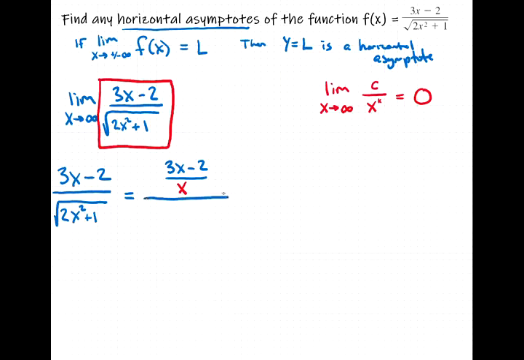And then on the bottom, we have the square root of 2x squared plus 1, and we'll divide that also by x, but we're not going to write it as x. We'll write it as the square root of x squared, because we have a square root in the denominator, so we want to be able to combine these. What we've basically done is multiplied by 1 over x over 1 over x, or essentially we multiplied by 1.